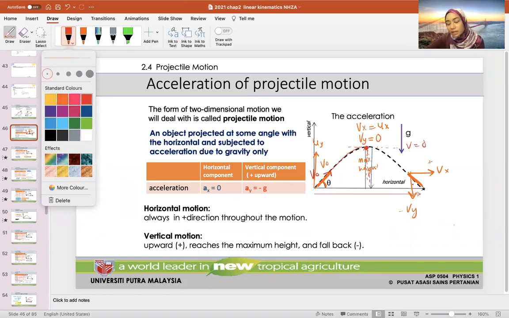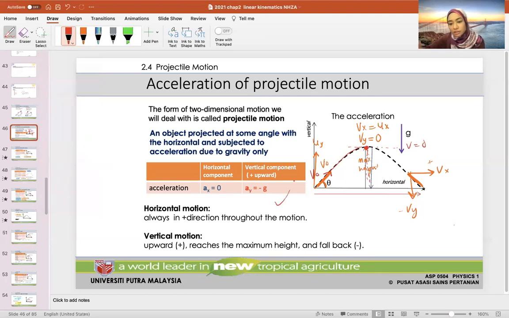So you have the Vx and the Vy, you solve using the linear kinematic equation, using the table, etc. Final step is to find the magnitude. Magnitude gives you Vx squared plus Vy squared, square root. You will get the magnitude. Do not put the plus minus.